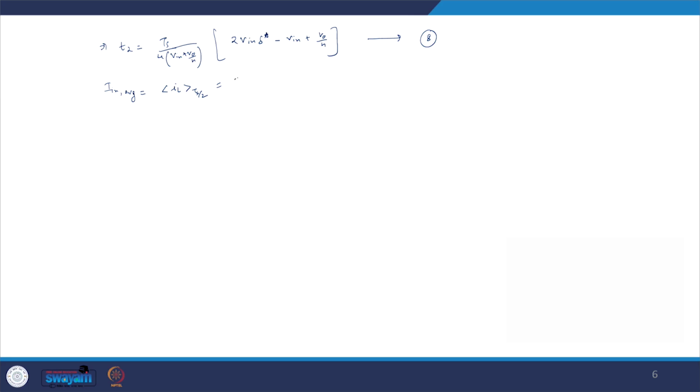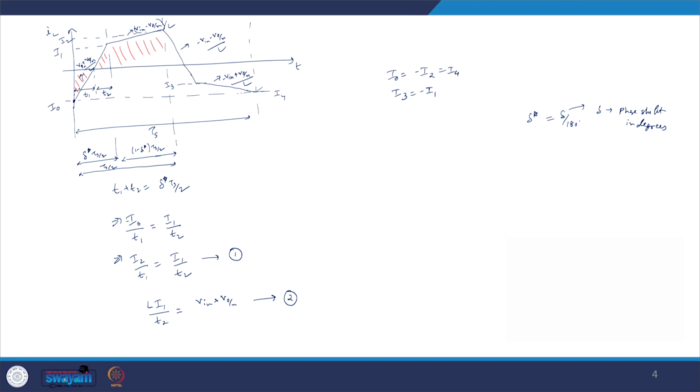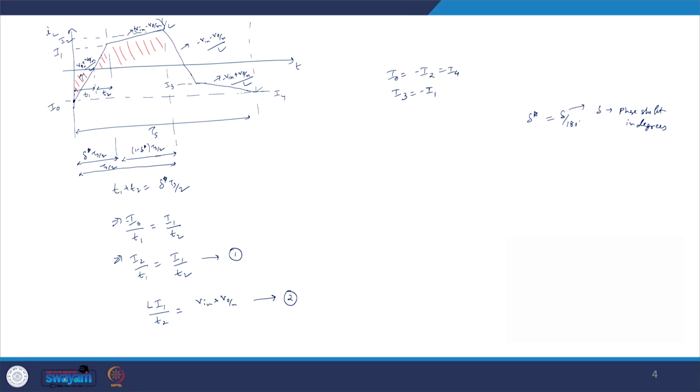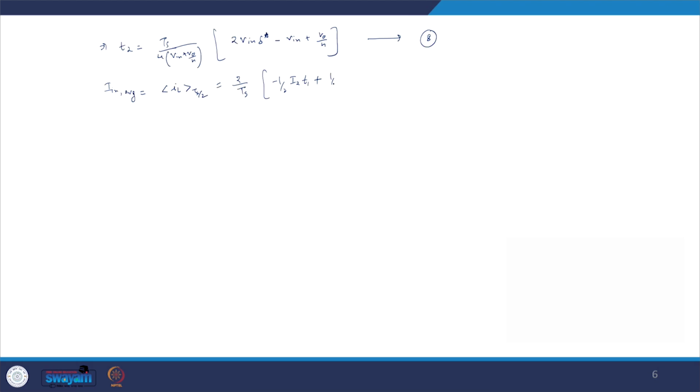Since we have to calculate over the Ts by 2 period, we take the mean over that. Let us take this triangle, which has area half I0 times T1, and we know that I0 is equal to minus I2, so we can write half I2 T1, plus the second area, which is again a triangle with height I1, so we can write half I1 T2.